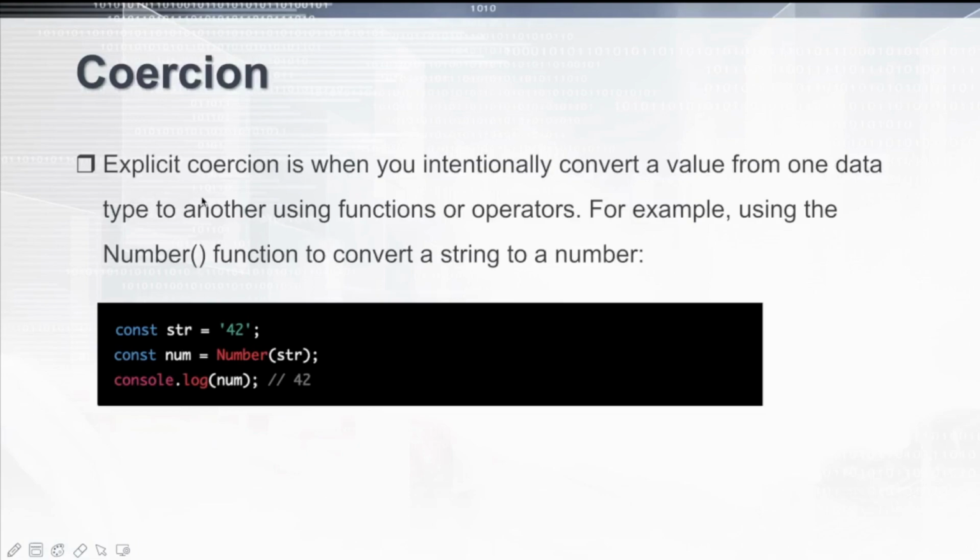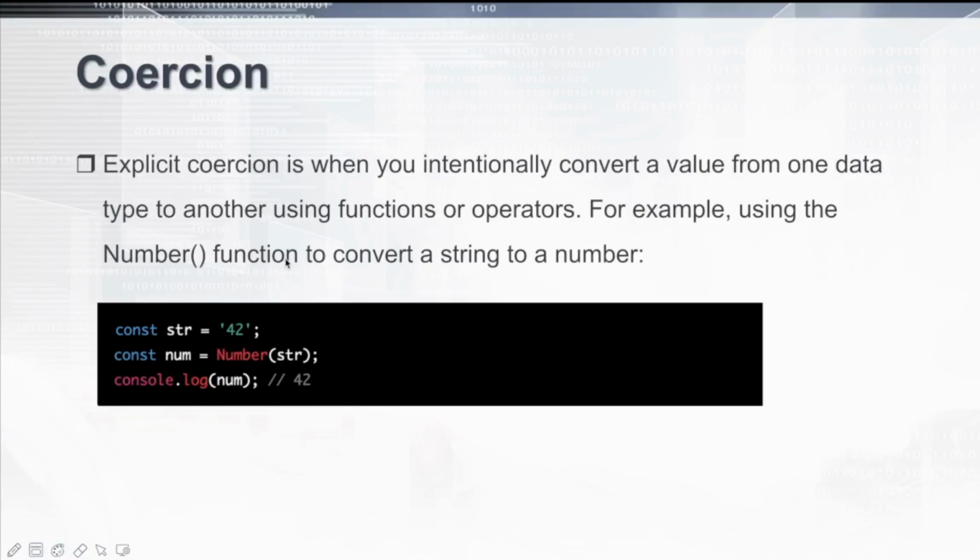Explicit coercion is when you intentionally convert a value from one data type to another using functions or operators. For example, using the Number function to convert a string to a number. In this case, we have this as a string, and this is how it is converted to a number.